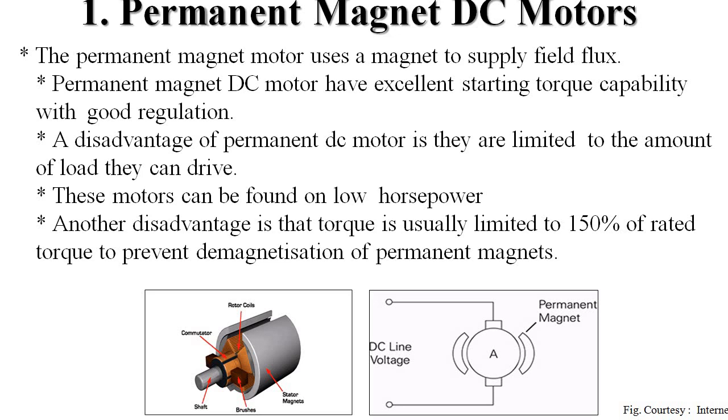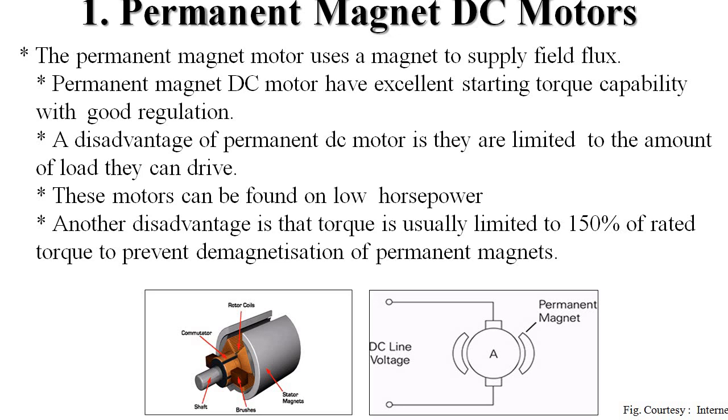A disadvantage of permanent magnet DC motors is they are limited to the amount of load they can drive.